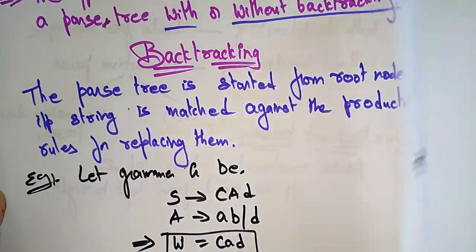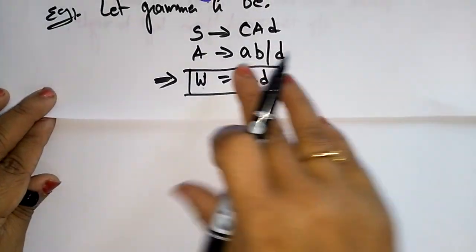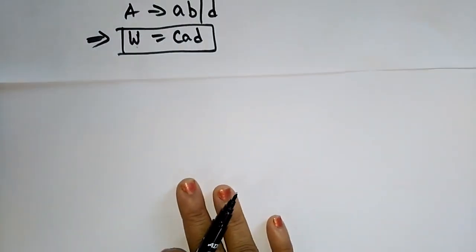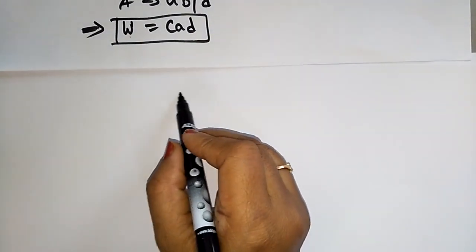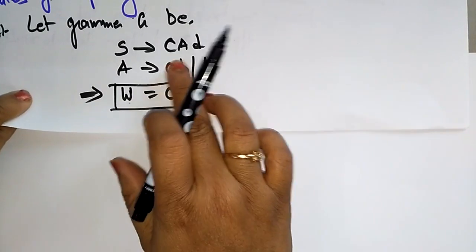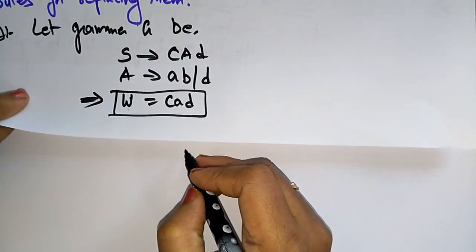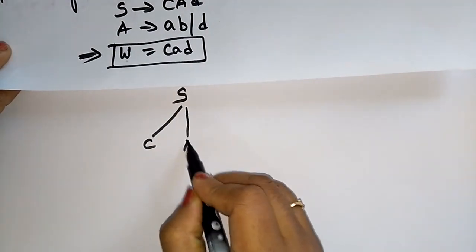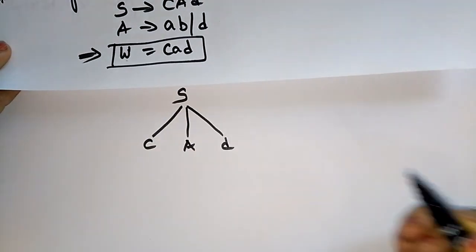Let's construct the tree. According to the concept, S is the starting node, that is the root node, so you start the tree with the root node. S produces cAd.